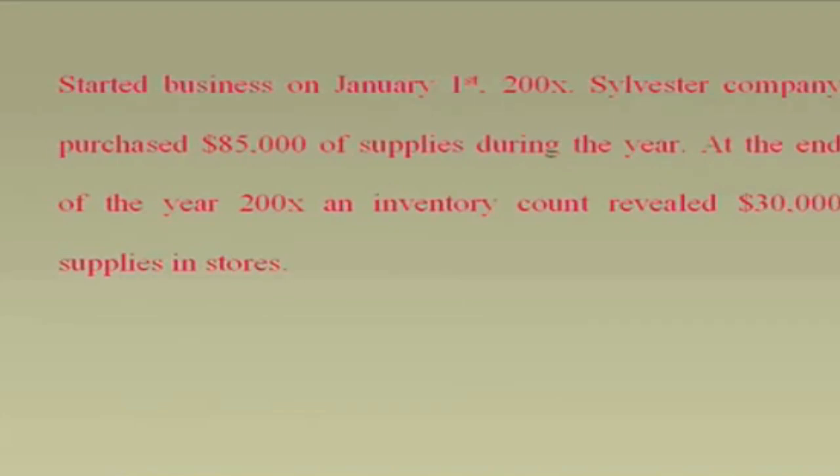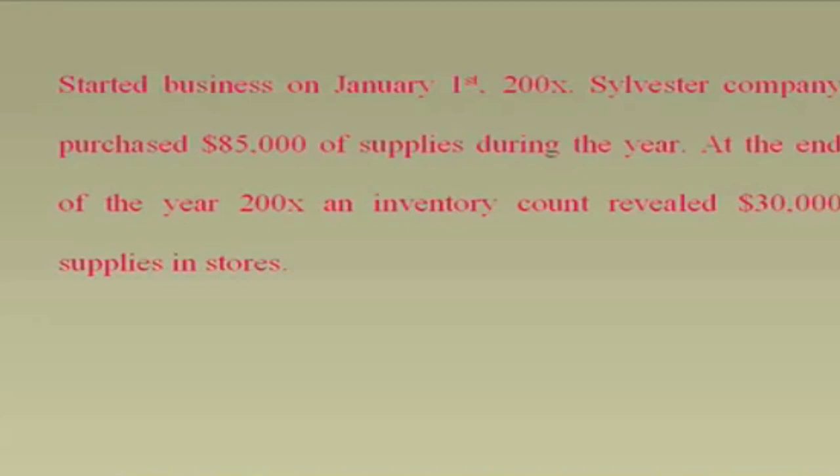I want you to spend a minute and read this question. Sylvester Company purchased 85,000 of supplies inventory during the year. At the end of the year, an inventory count revealed 30,000.